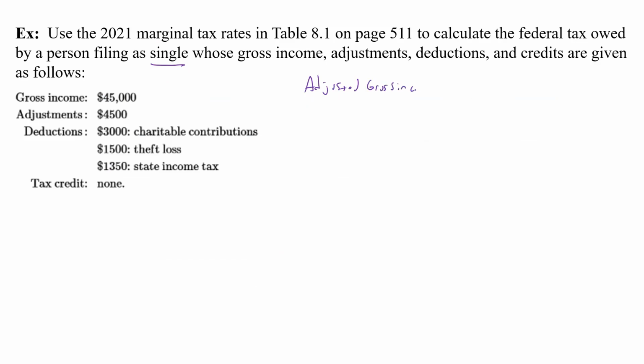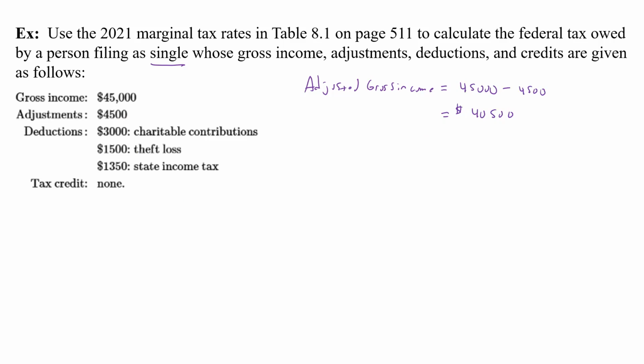That's going to be your gross income, the 45,000, minus any adjustments, which is only $4,500. Plugging that in our calculator, we get $40,500. Okay, so that's our adjusted gross income.